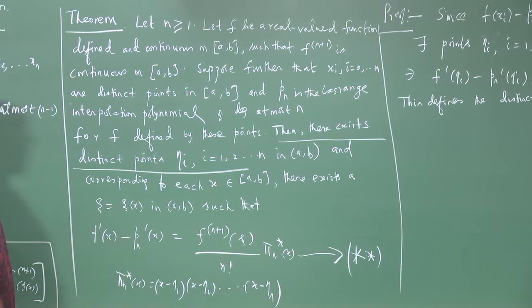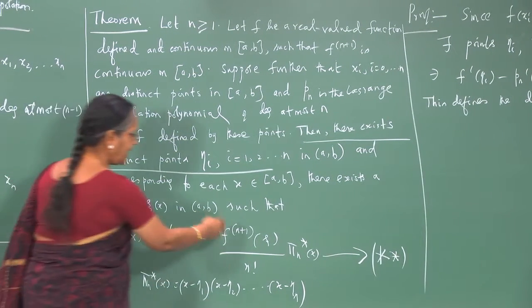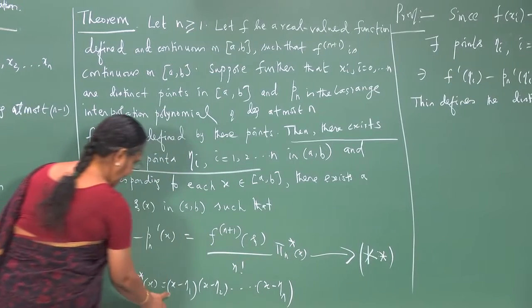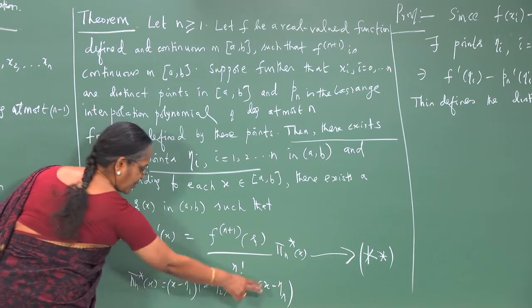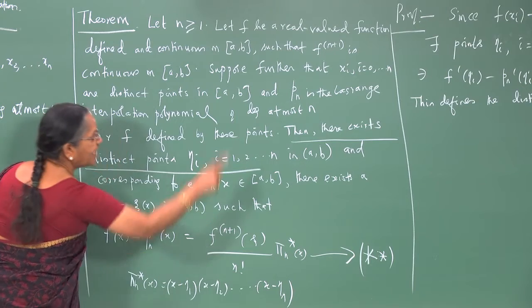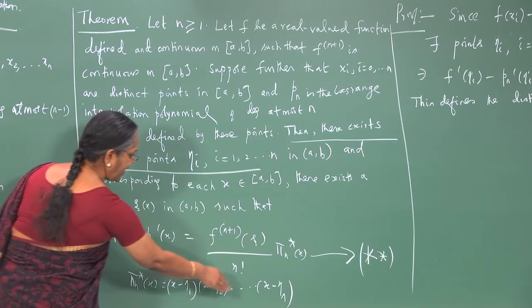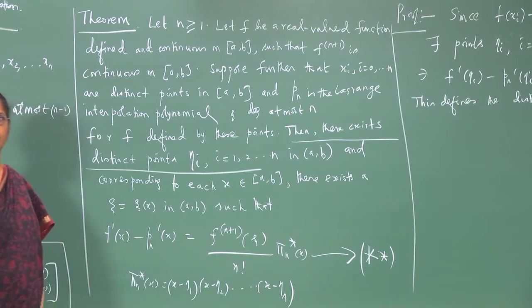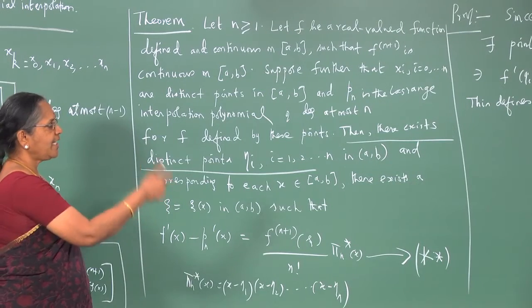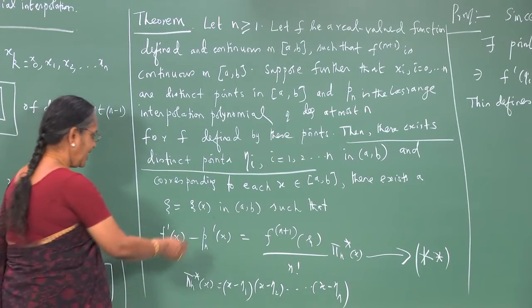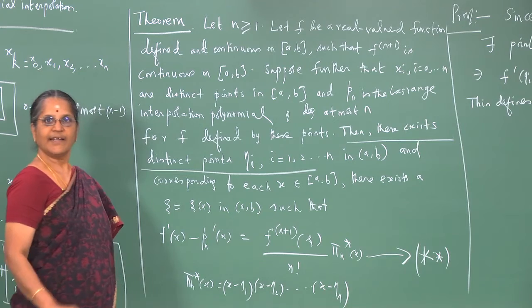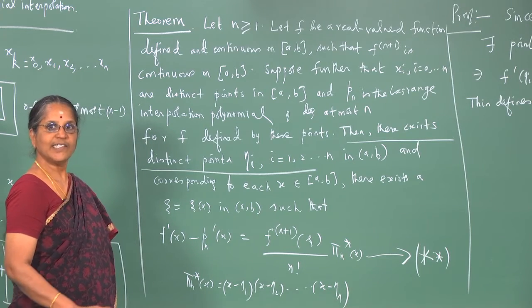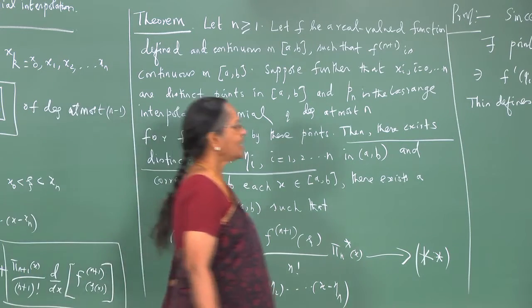So, the left hand side is 0. What about the right hand side? At x equal to eta i, because of the presence of pi n star of x, which is this expression, at any eta i for i equal to 1 to n, the right hand side is 0. So, there are n points eta i at which the left hand side is 0, the right hand side is 0. So, double star is identically satisfied, it is verified that double star is satisfied.